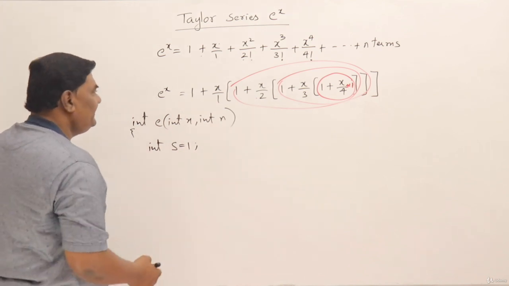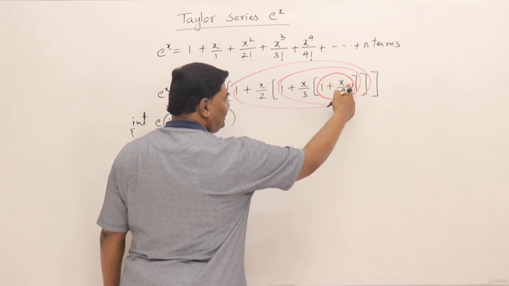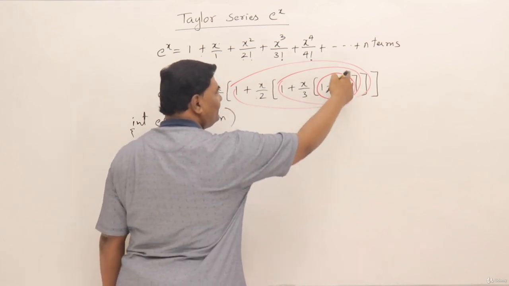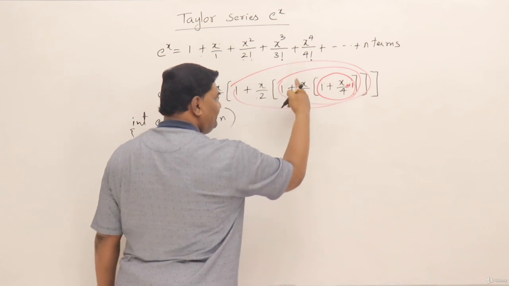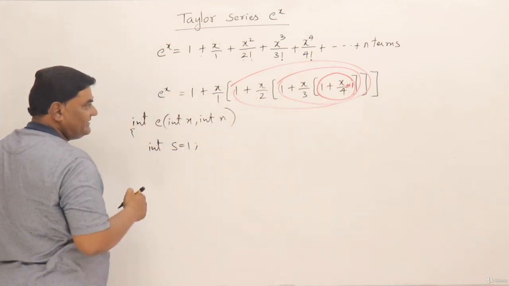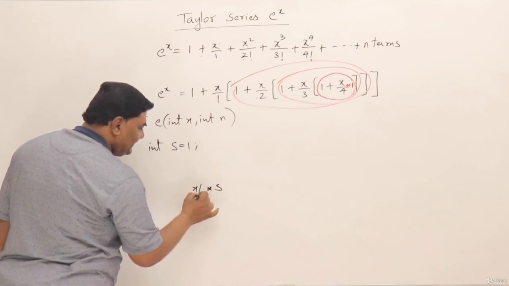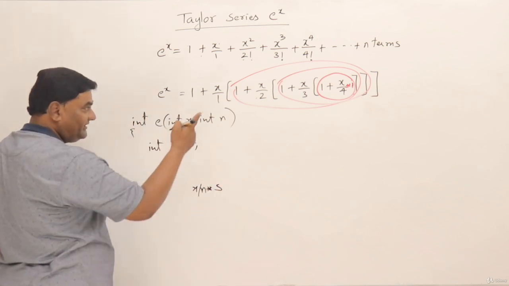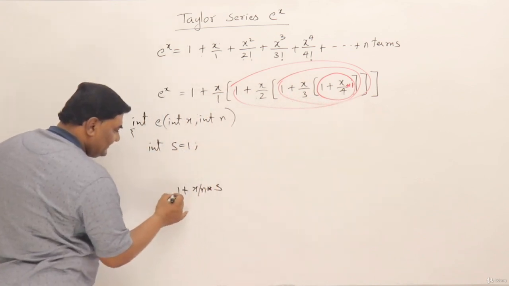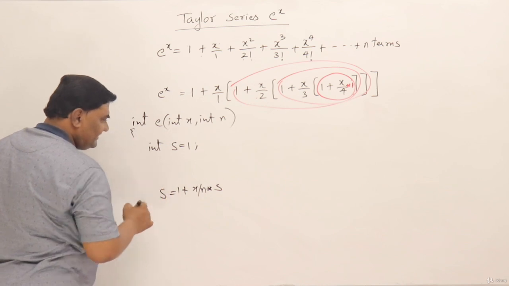Now what I have to do in each step: x by 4 multiplied with the result s and added 1, and this becomes a result, and this is multiplied by x by 3 plus 1 and this becomes a result. So the result I am taking in s. Every time s should be multiplied by x by n, whatever the value of n is. Right now it is 4 if you start from here, then plus 1 is added and this result should be taken in s only.